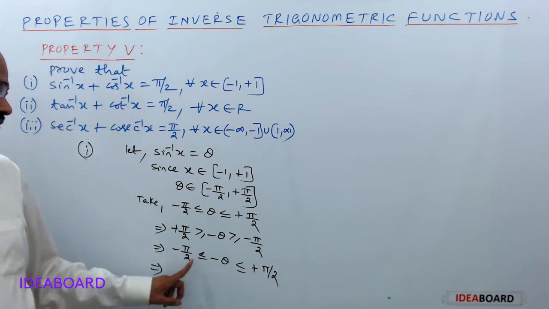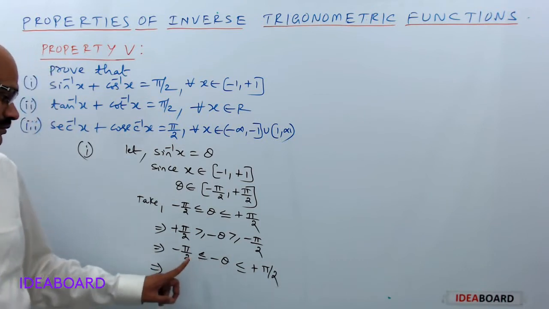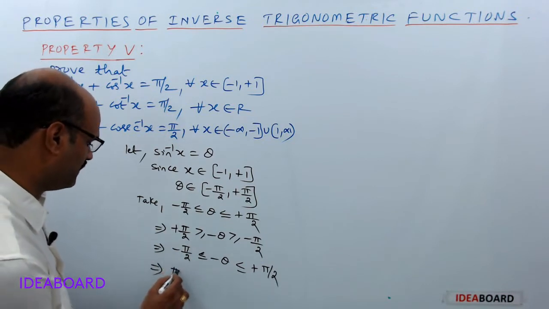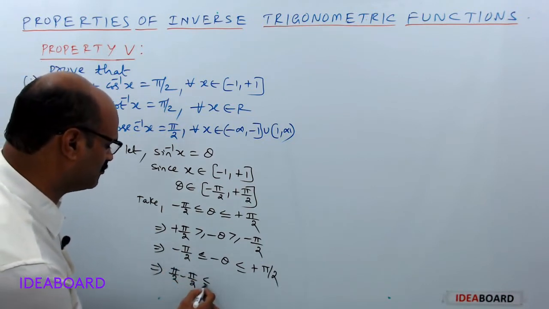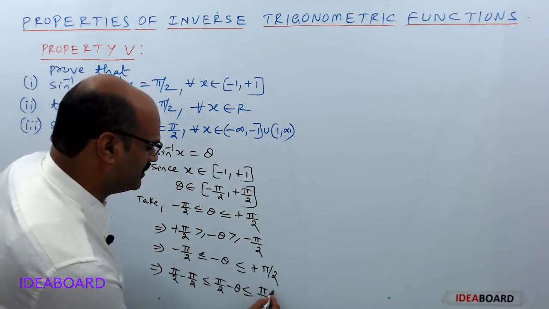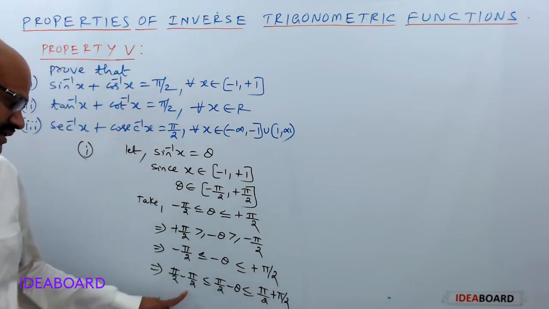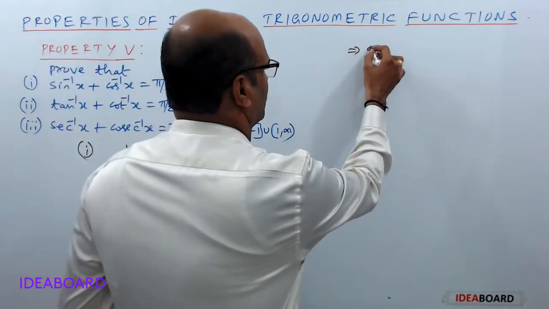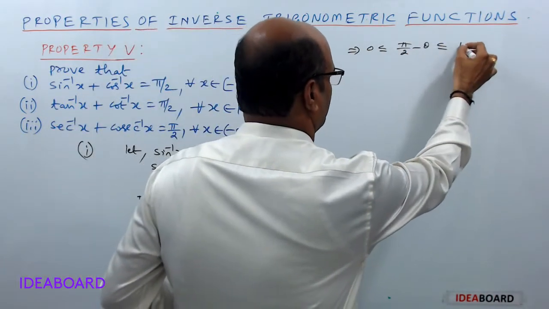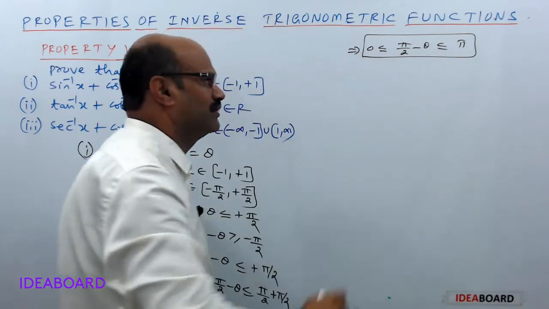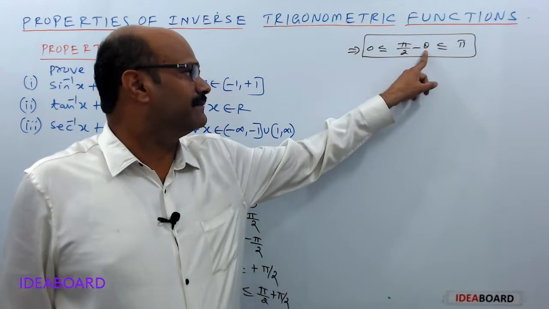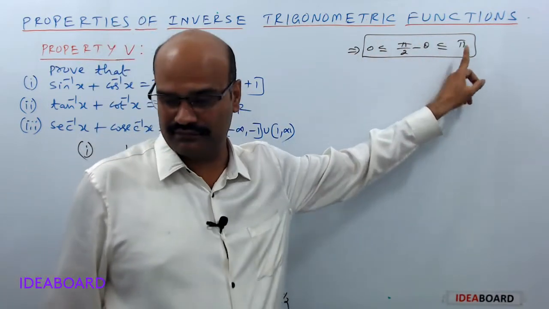Then here we have, add pi by 2 now. So pi by 2 minus pi by 2 less than or equal to pi by 2 minus theta less than or equal to pi by 2 plus pi by 2. Then it's equal to now 0 less than or equal to pi by 2 minus theta less than or equal to pi. So here pi by 2 minus theta lies in the closed interval 0 to pi.